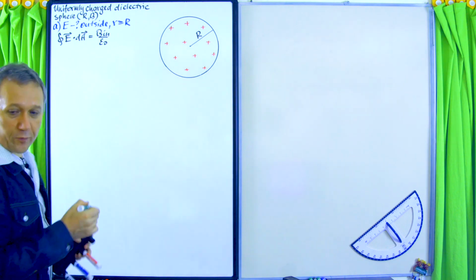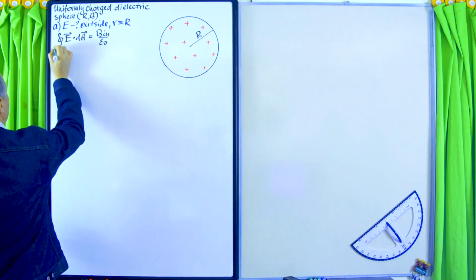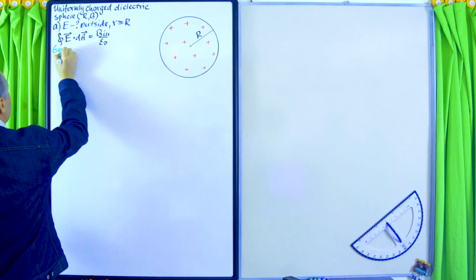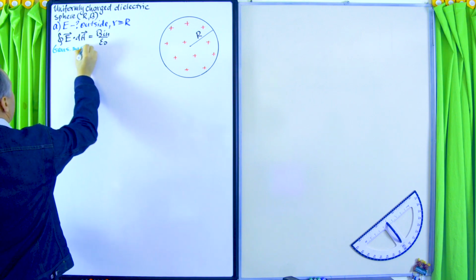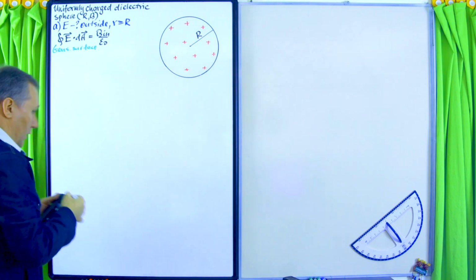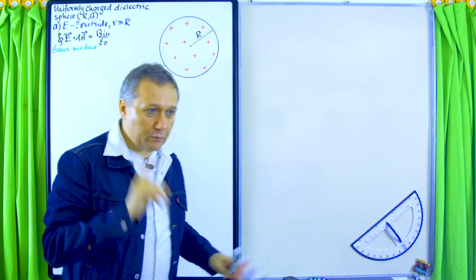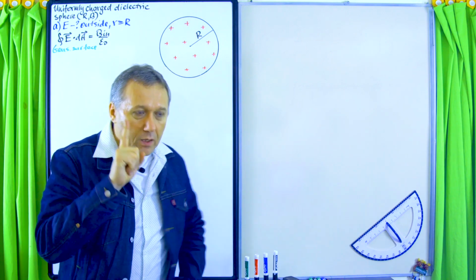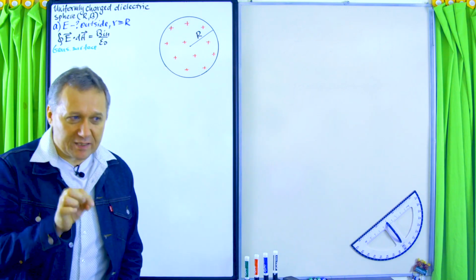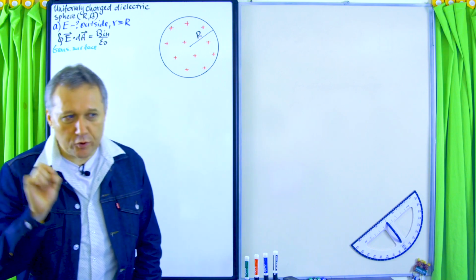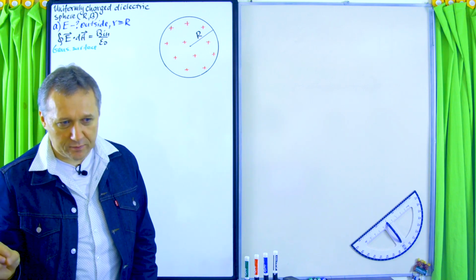Okay, which surface can be used as Gaussian? Let me first write Gaussian surface. Okay, which surface? First of all, the Gaussian surface must be in the region where you want to find the electric field. It makes sense.